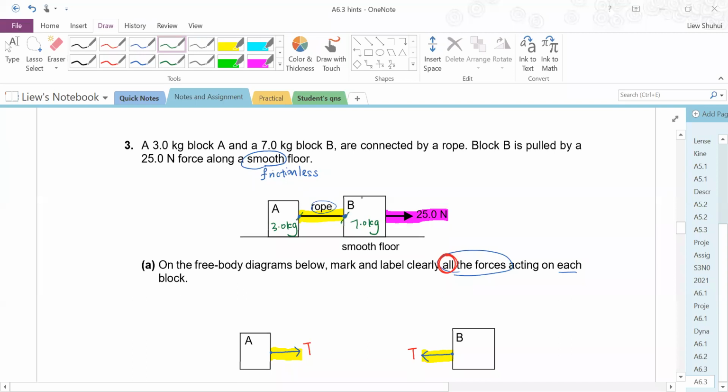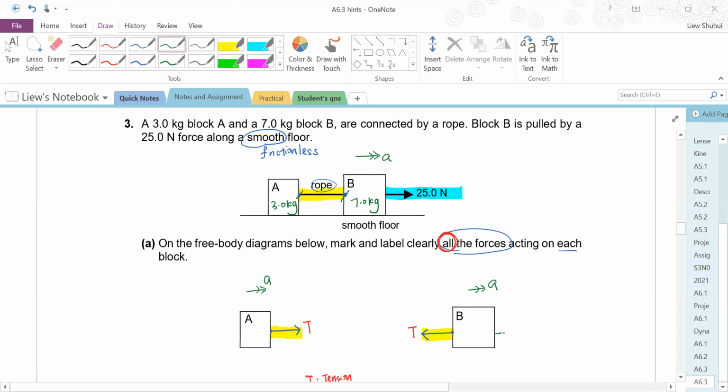If the two of them are connected together, and B is pulled forward with a horizontal force, then I will expect the two of them to accelerate with a common acceleration. So both of them will experience a net force in the rightward direction, and that net force causes each of them to accelerate.